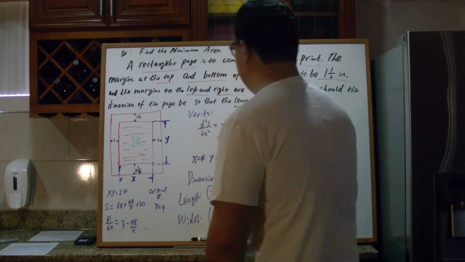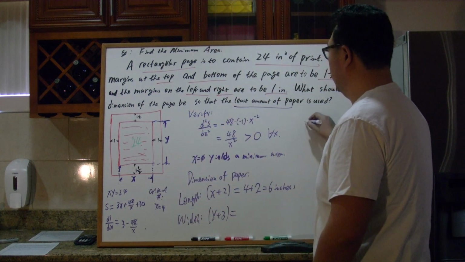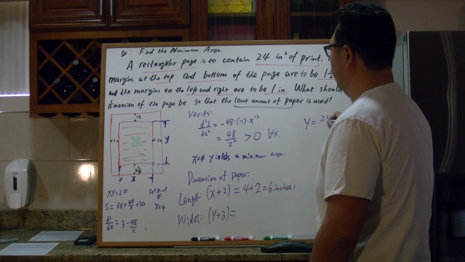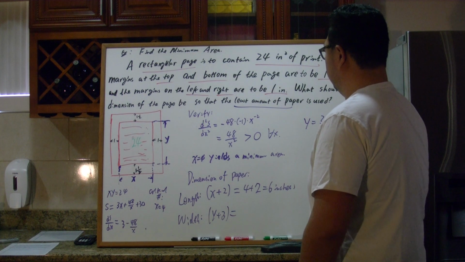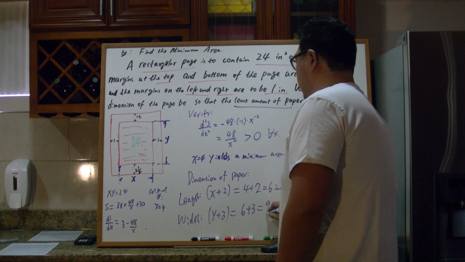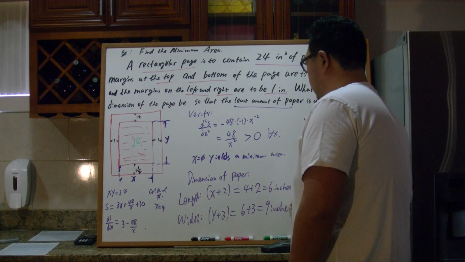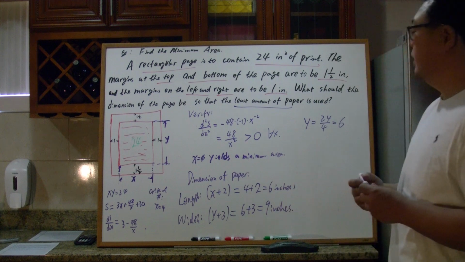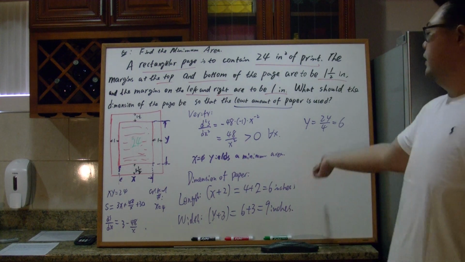X to be 4, y is 24 over 4, that is 6 inches. So 6 plus 3 to be 9 inches. Something I forgot, so put it on the side.